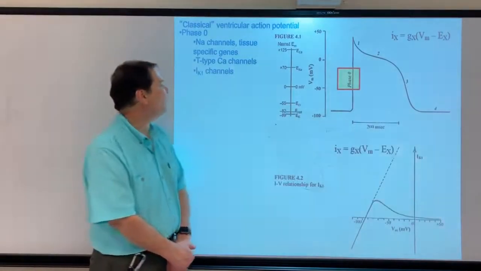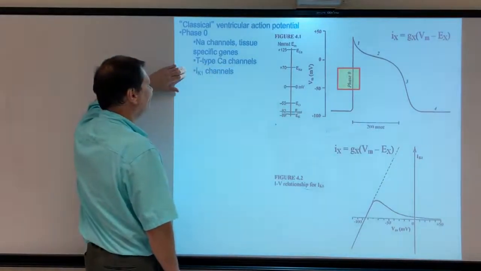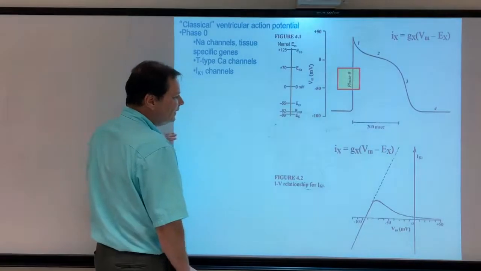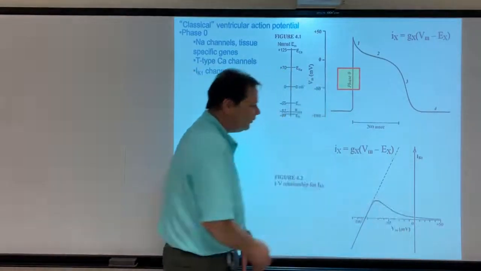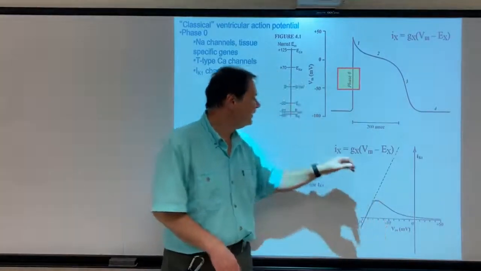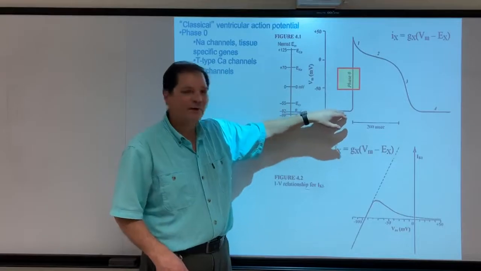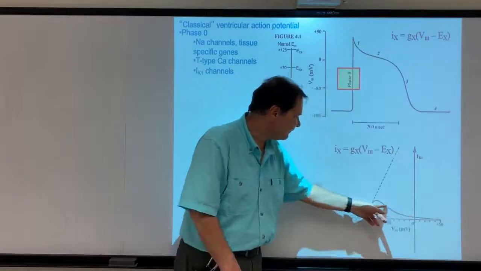And you should also be aware of the fact that inward rectifier potassium channels are closing down. Closing is a bad term for it. They stop conducting potassium. So what's happening here when you're at rest, this is the current voltage relationship for this channel.